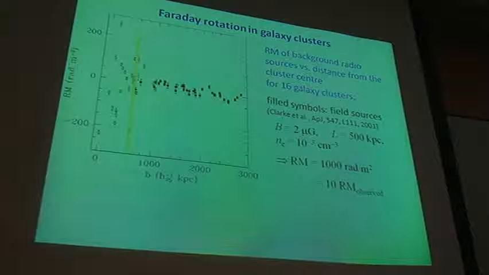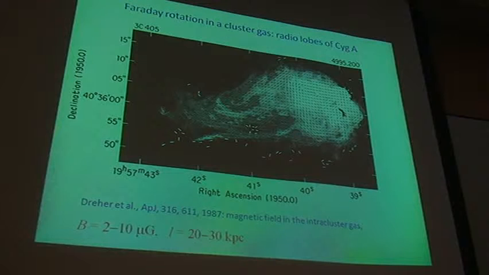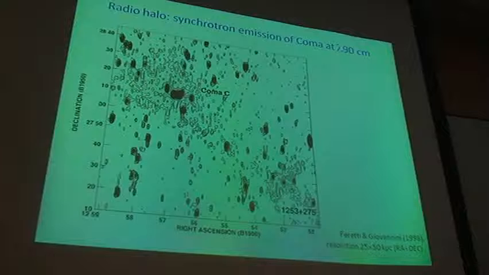So how come then that synchrotron emission is produced in so few clusters, just 10%, while Faraday rotation is produced in most clusters? The present opinion is that the problem is that it's difficult to maintain a population of relativistic electrons in the intergalactic plasma.